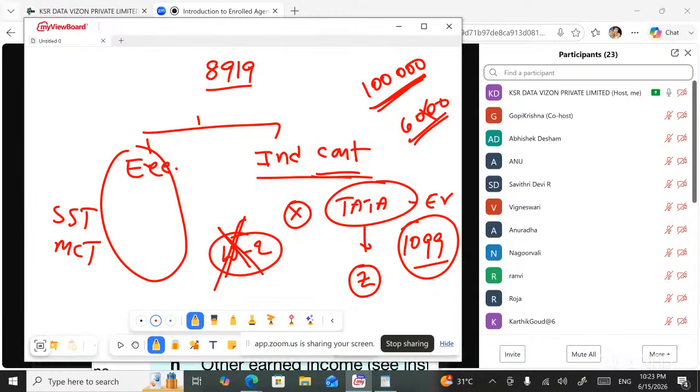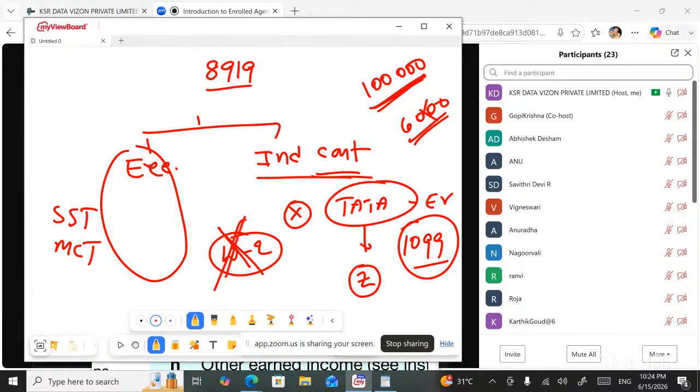Later, this Z can approach the IRS department. Even though I am an employee, even though I have the eligibility to get the additional amount, this story will be communicated properly by Z to the IRS department.